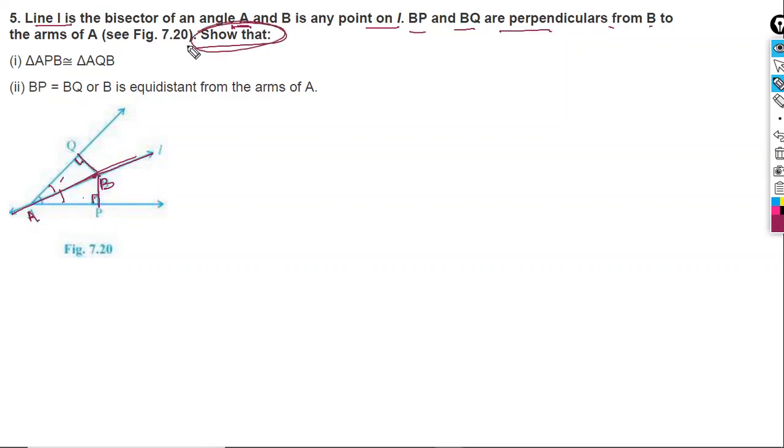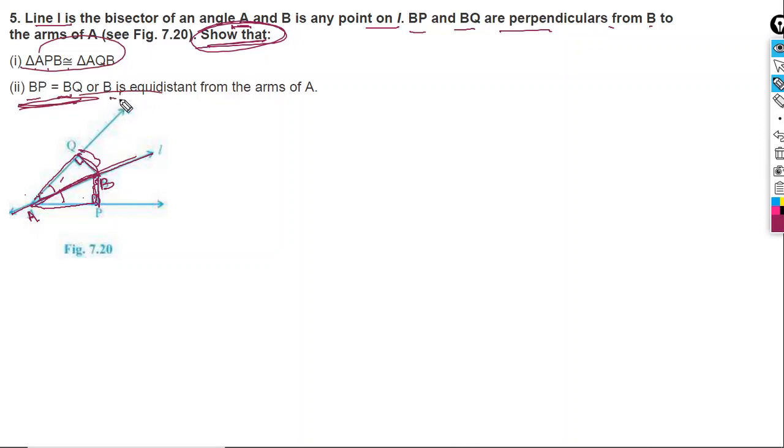So these are the two arms of angle A. After this much, we have to prove that triangle APB is congruent to triangle AQB. Look at the figure. After proving that, we get BP equal to BQ automatically.